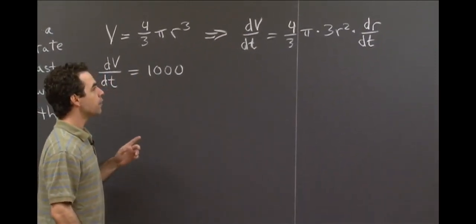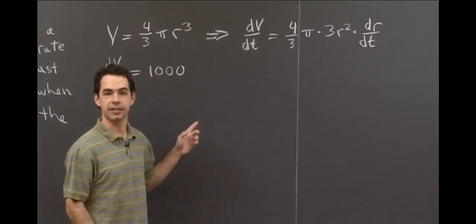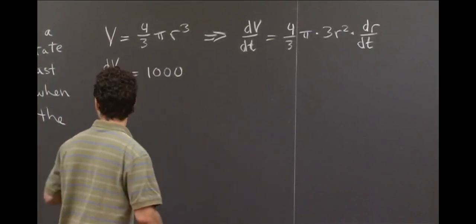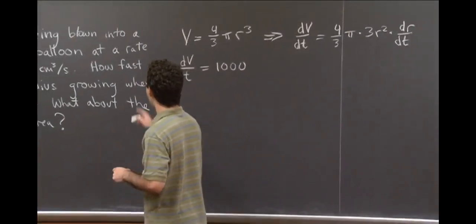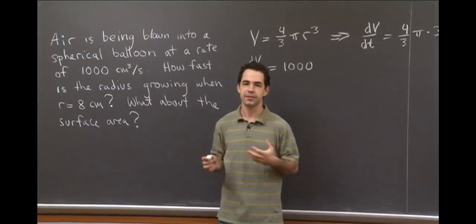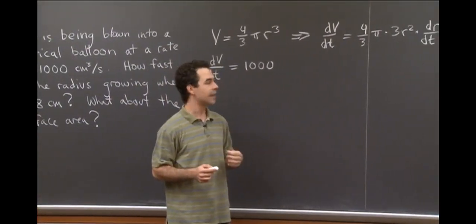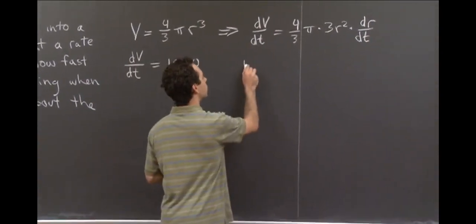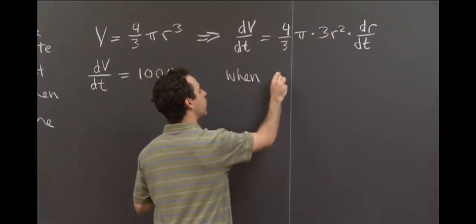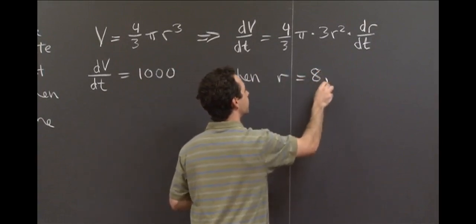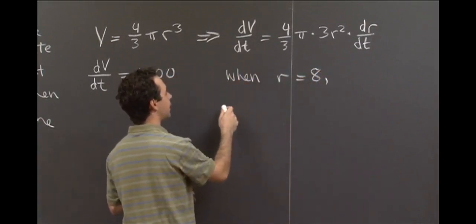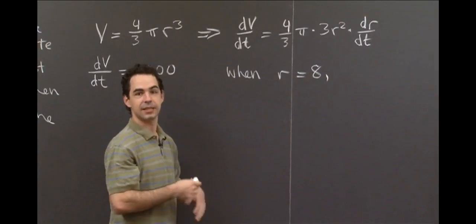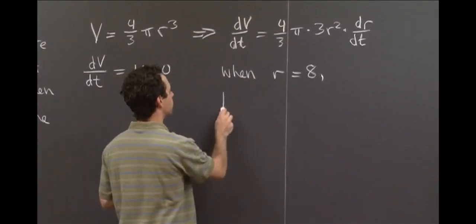And now what we want is this dr/dt, the thing we're looking for, how fast the radius is growing. And we want it at the moment when r is equal to 8. When r is equal to 8, dV/dt is 1,000 always.